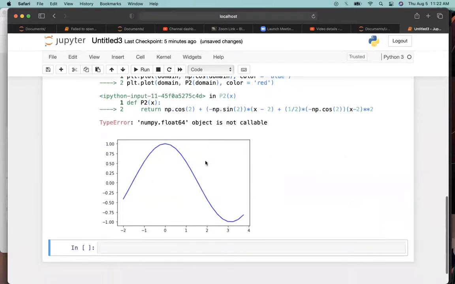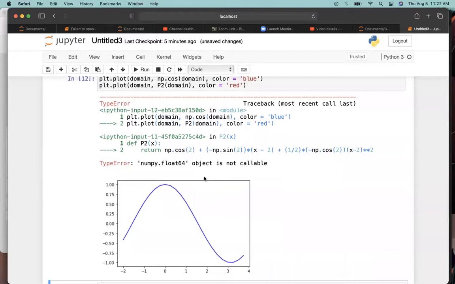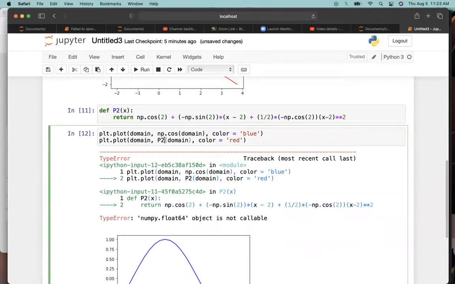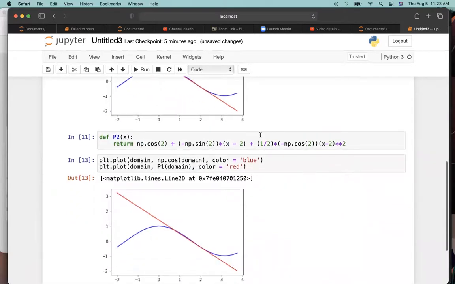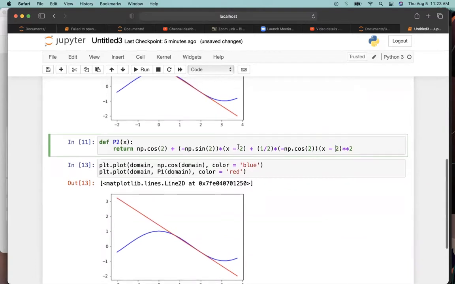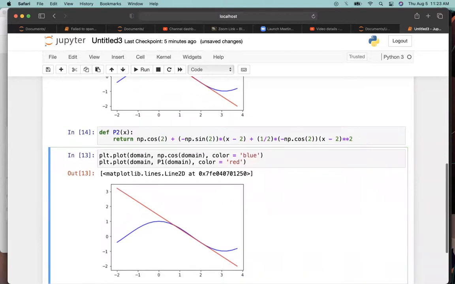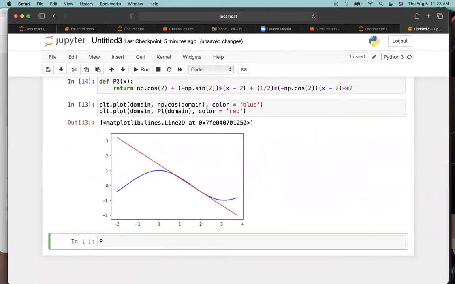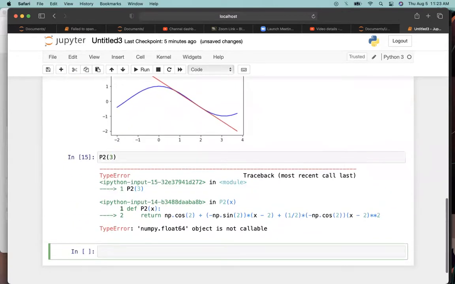Where's the error here? P1 was fine. Let me just see what's up with P2. Yep, something's off.